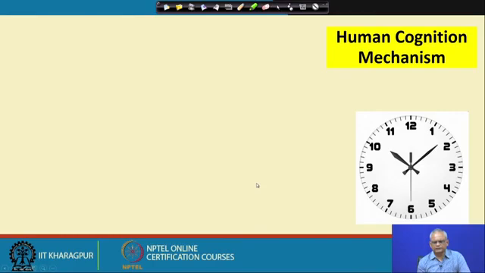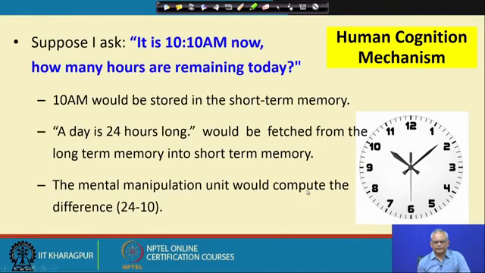Let us see the working of the human cognition mechanism. Let us say I just say, look at the watch, it is 10:10. How many hours remaining today? It is 10:10 by the watch. How many hours remaining today?